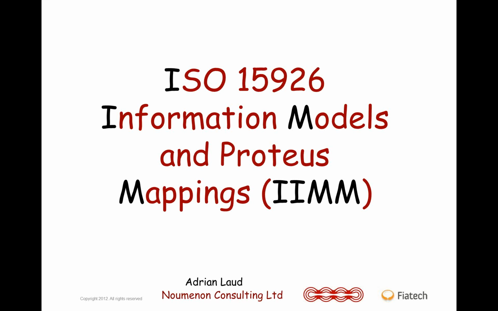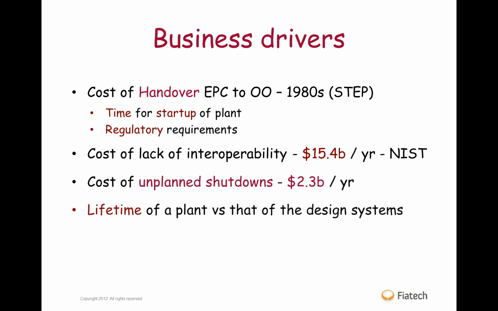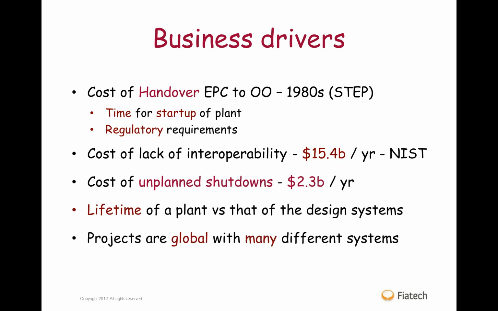Well, let me just give you a little bit of background, which many of you will be familiar with. The business driver for why we need interoperability is the cost of handover, which was the prime driver for STEP being initiated, and the key parts there: time for startup of the plant and the regulatory requirements.